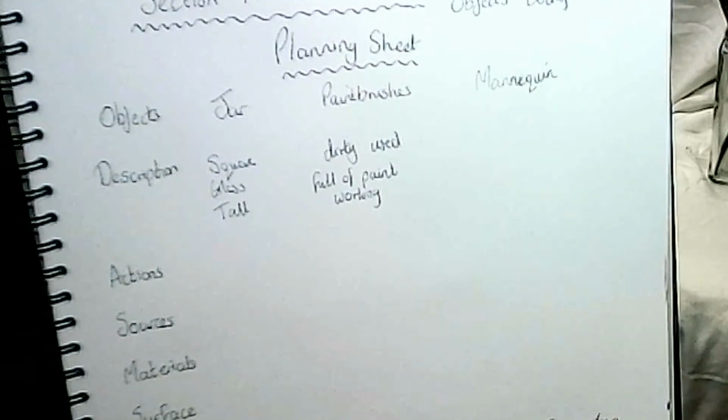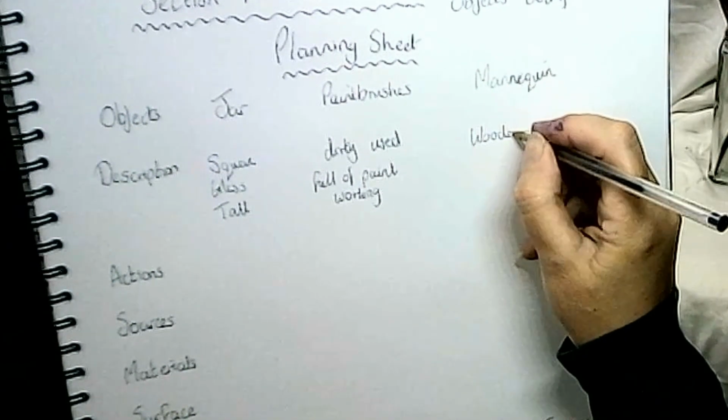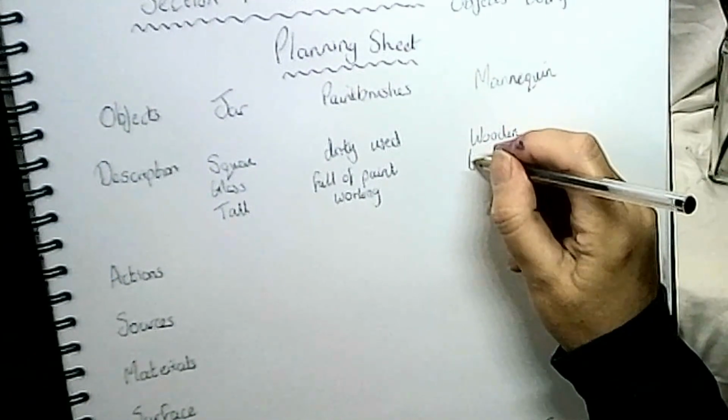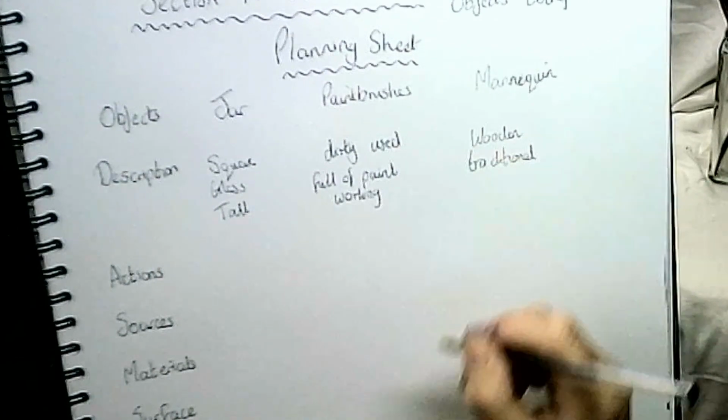And the mannequin: wooden, traditional. Those words are describing what those objects are, what they look like.